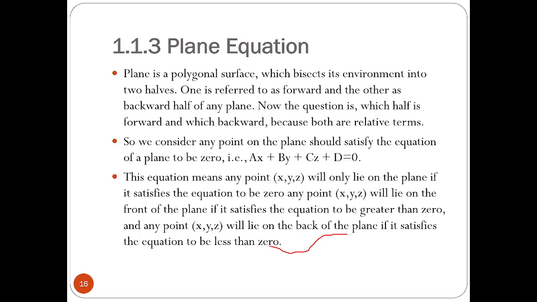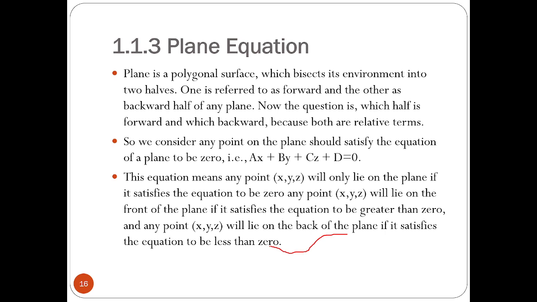Next, plane equation. A plane is a polygon surface which bisects its environment into two halves. One is referred to as the forward and the other as the backward half of any plane. Which half is forward and which is backward are relative terms. Any point on the plane should satisfy the equation of the plane to be 0, that is ax plus by plus cz plus d equal to 0.